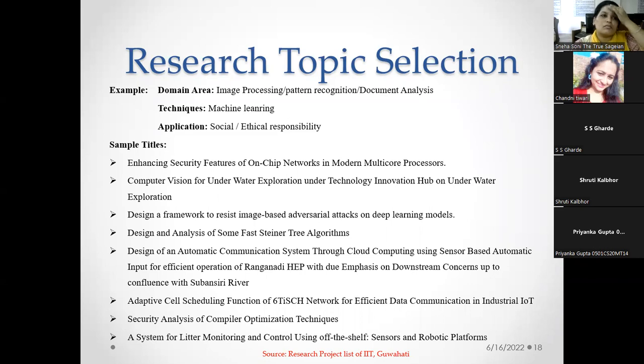So this is the technique fixed by you for your research. Machine learning is a broad area, you might know it. Within that, again you may narrow the topic: supervised, unsupervised, reinforcement. Likewise, you can narrow it.